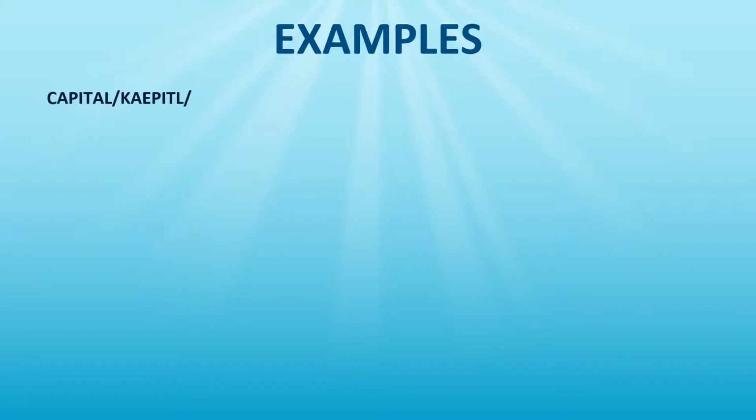So students, you can see here, capital is the word. And how do we pronounce it? This is the easy form and the pronunciation form of how we pronounce capital. So capital is the word we will be using as our first example.